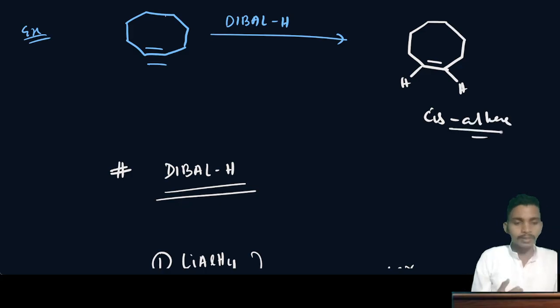So today up to this. In the next class we will discuss one more reducing reagent, the hydride transfer reducing reagents, L-Selectride or K-Selectride. Today up to this, thank you.